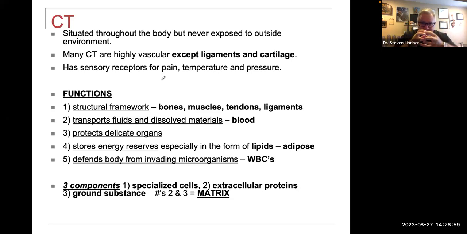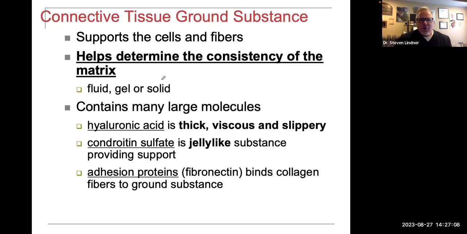Together, the proteins and the ground substance, the different texture to the ground substance, make the extracellular matrix. What helps to determine the consistency of the matrix: sometimes they're fluid, sometimes they're gel-like, and sometimes they're solid. So we have high hyaluronic acid. That's a little bit thicker and more viscous and slippery. We have chondroitin sulfate, which is a little bit more jelly-like. And then we have adhesion proteins that bind collagen fibers to the ground substance to make it more solid.